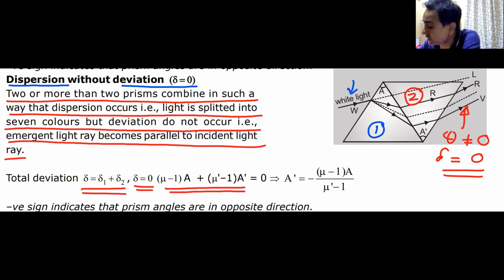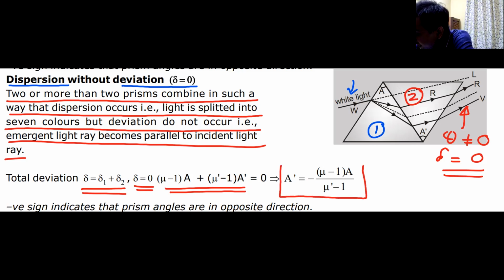This is the total deviation, that is equal to 0. Here mu is the mean mu, or mu of yellow light. So from here I can write A dash will be (mu minus 1) into A divided by (mu dash minus 1). Remember, this mu is the mean mu.